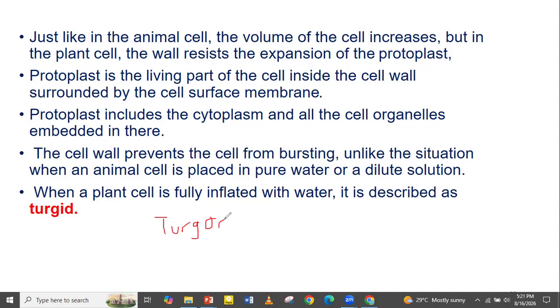It is fully inflated with water. It has a large vacuole. It has its protoplast, the cytoplasm and the cell organelles, all pushed towards the cell wall. It has its cell surface membrane touching the cell wall. That is a turgid cell.